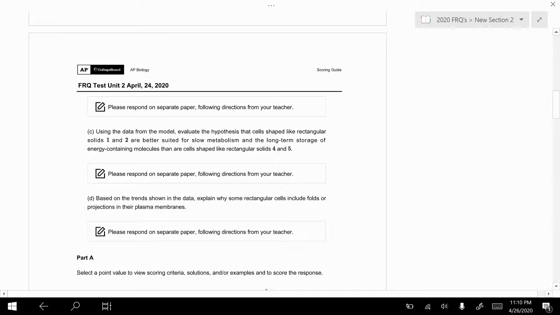All right, so 1 and 2, I believe, had a smaller surface area to volume ratio, and 4 and 5 had a larger cell surface area to volume ratio.